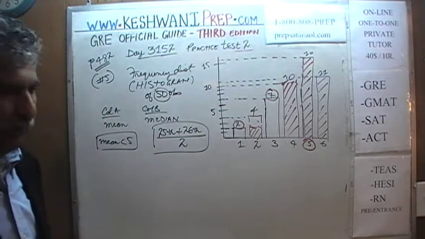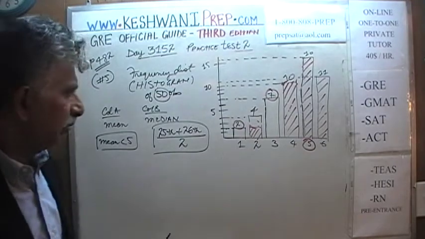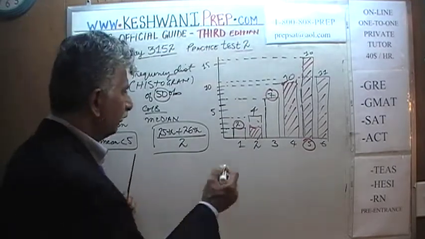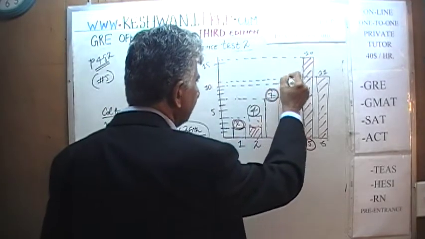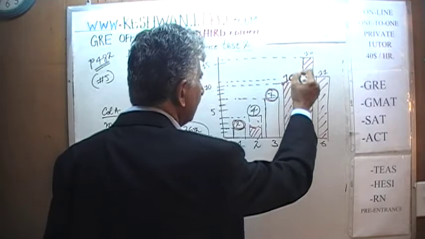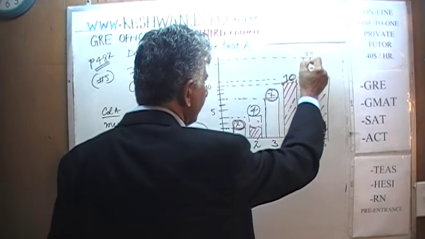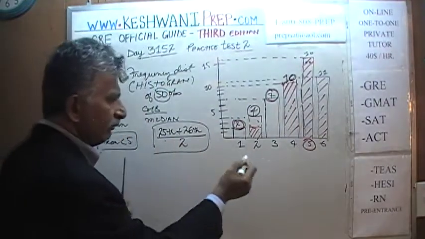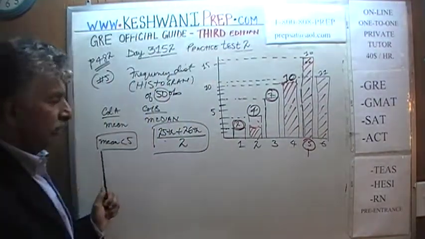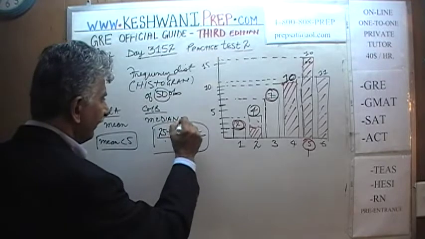Where does the 25th observation belong? 2 plus 4 is 6, 6 plus 7 is 13, 13 plus 10 is 23, we are still at 23. So the 24th and 25th observations fall here, and the 26th observation falls here. Both the 25th and 26th observations are 5. So the median is exactly 5.